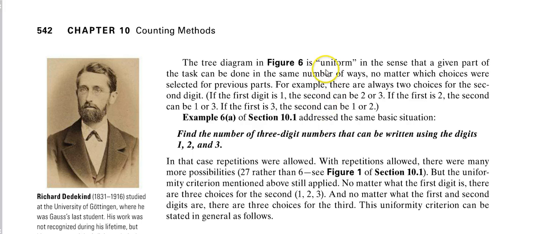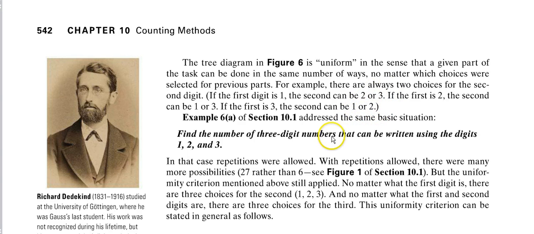Here, when we're talking about uniform in the sense that a given part of the task can be done in the same way no matter which choices were selected for previous parts. For instance, if you chose the 1, then, as long as they're not repeating, you can select a 2 or 3. If you chose the 2, you still have 2 choices. You can select a 1 or a 3.